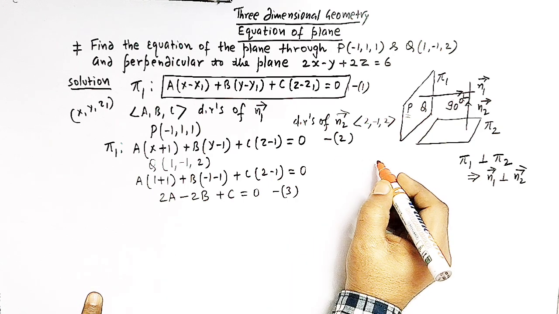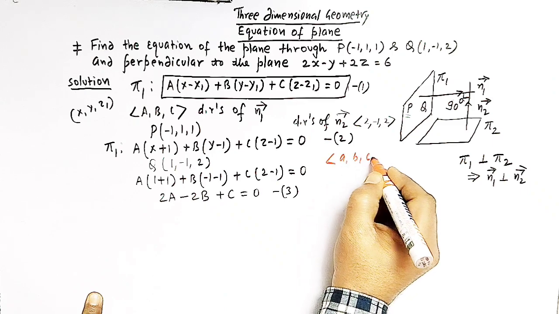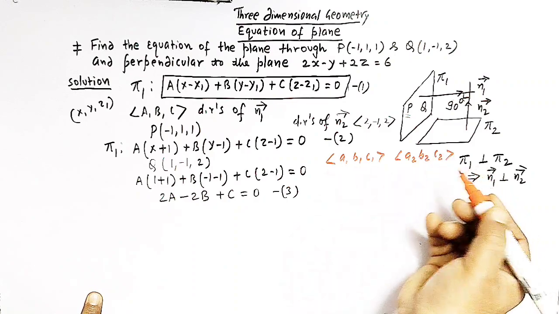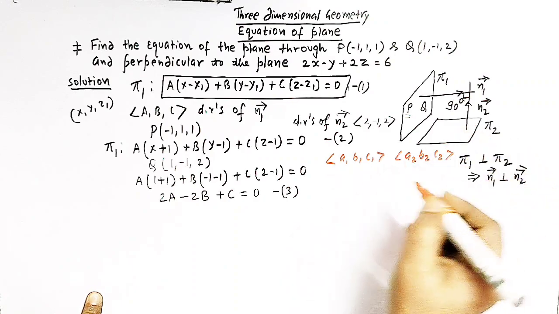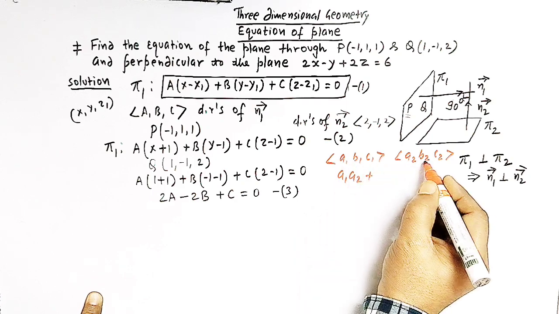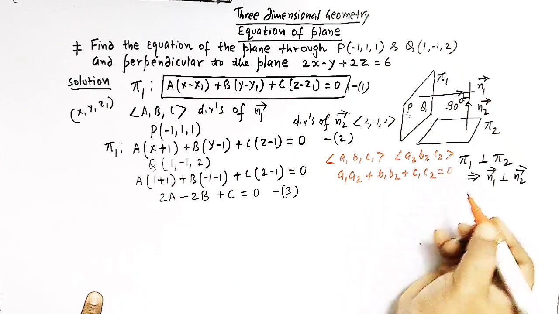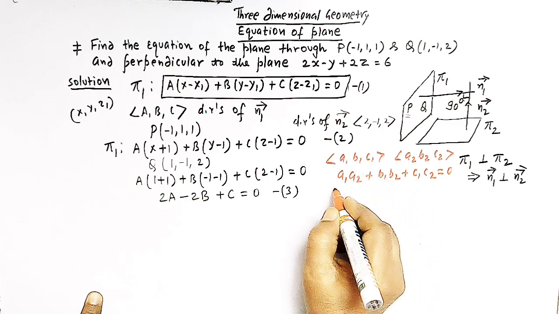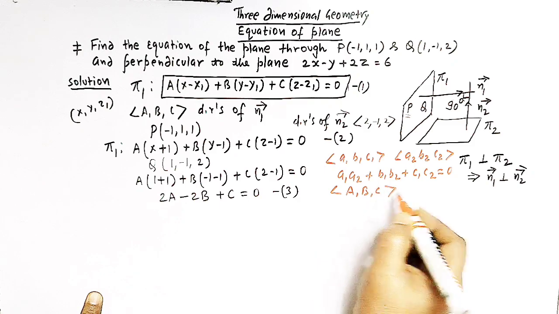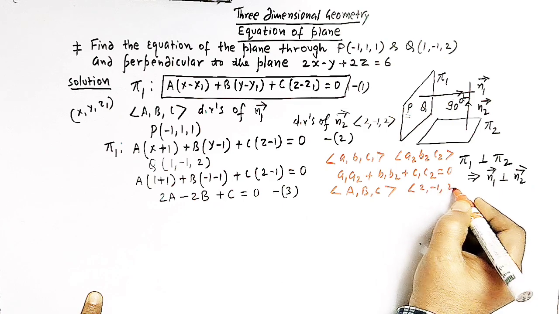When two vectors are perpendicular and they have the direction ratios as a1, b1, c1 and a2, b2, c2, then the condition for perpendicularity of two vectors is given by a1 times a2 plus b1 times b2 plus c1 times c2 is equal to 0. So here a1, b1, c1 may be taken as a, b, c, and then a2, b2, c2 may be taken as 2, minus 1 and 2.